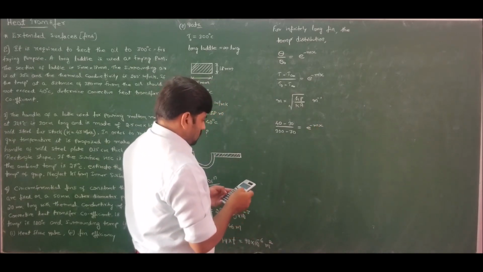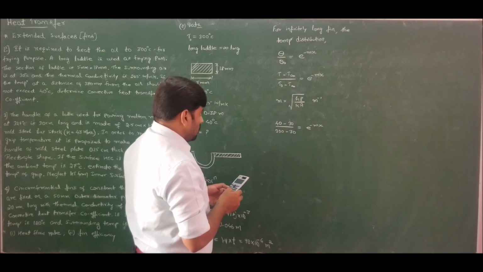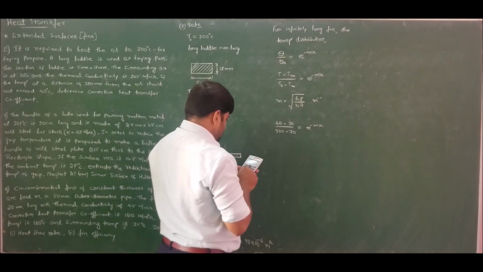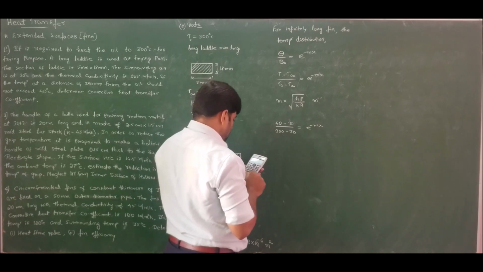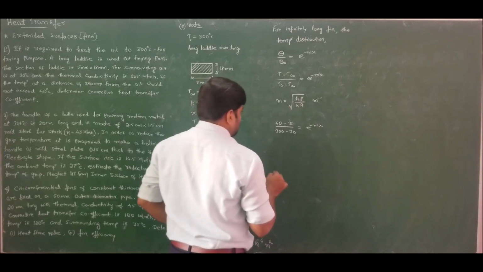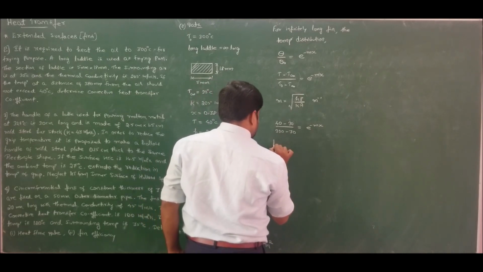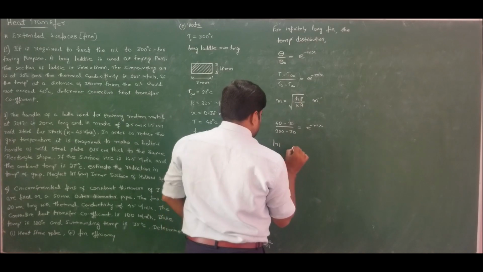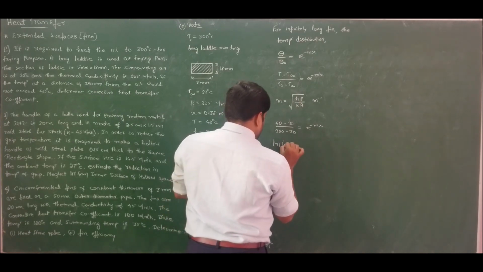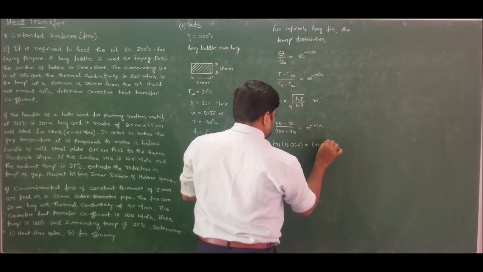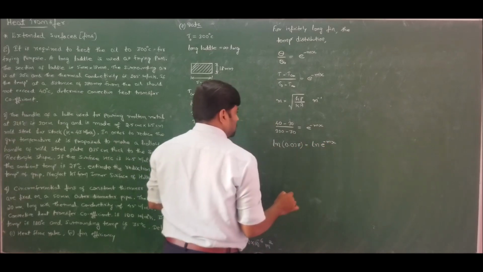So if I take log on both sides and solve, 40 minus 30 divided by 300 minus 30 will be 0.037. So taking log on both sides, that is log base e, I will get ln of 0.037 is equal to ln of e to the power of minus mx.